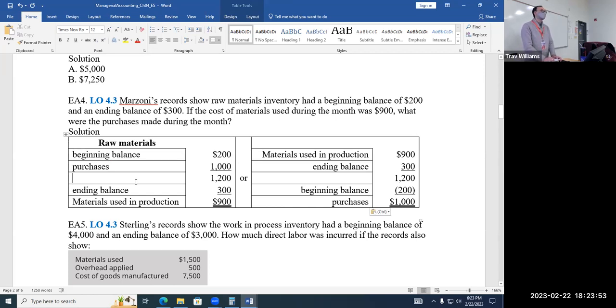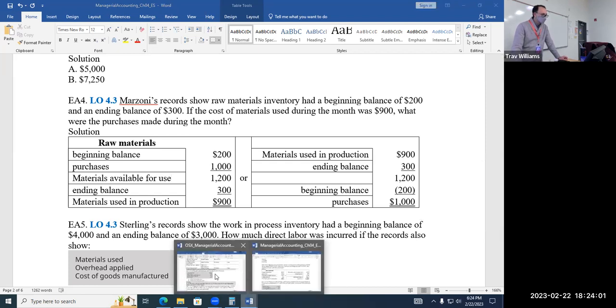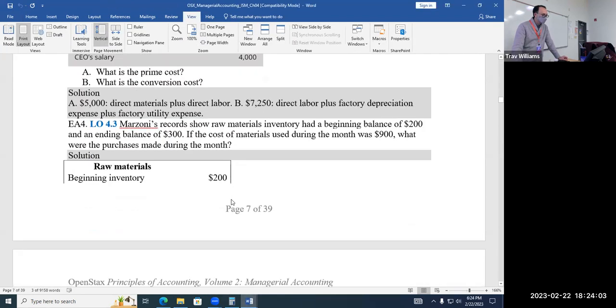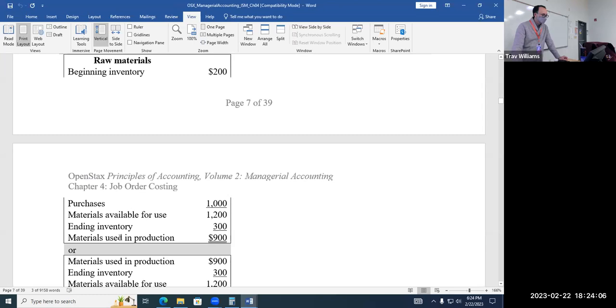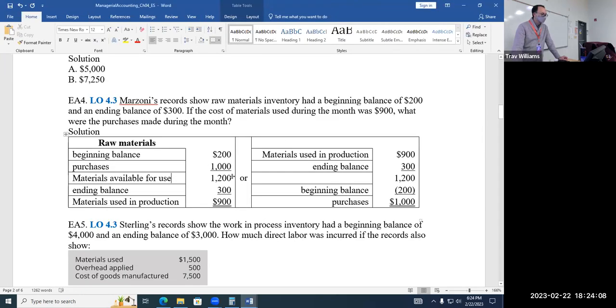And we'll call this, I think it's materials available for use. Let me go ahead and check my wording on that so I'm not throwing you off. Materials available for use, materials used in production. Okay, good.